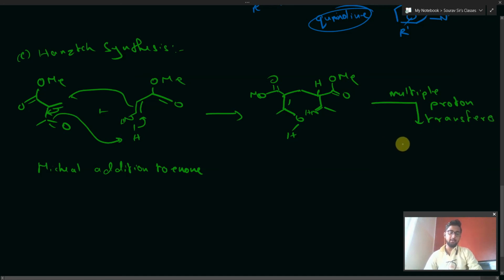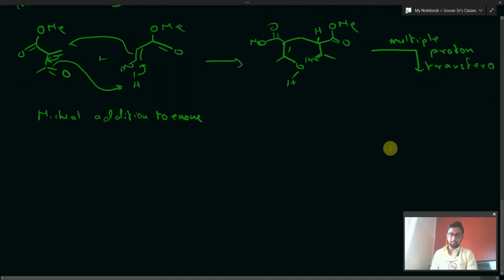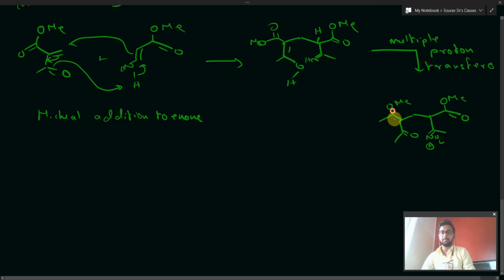So the intermediate that would be formed is double bond O, we have double bond NH2 plus, then we have double bond OMe, and OMe here, double bond, and O minus.